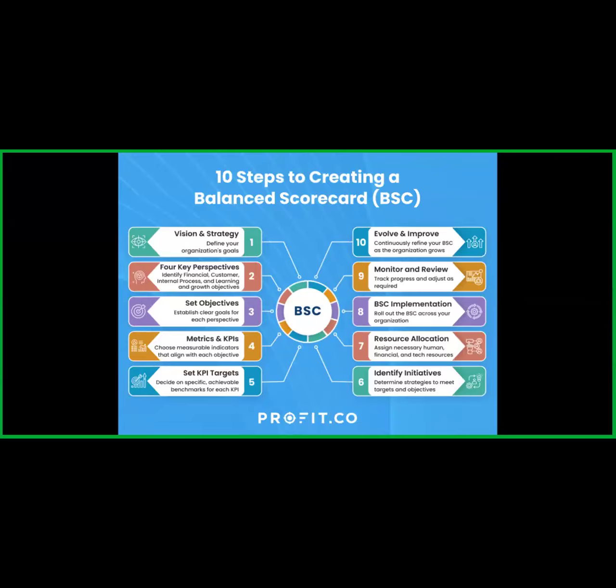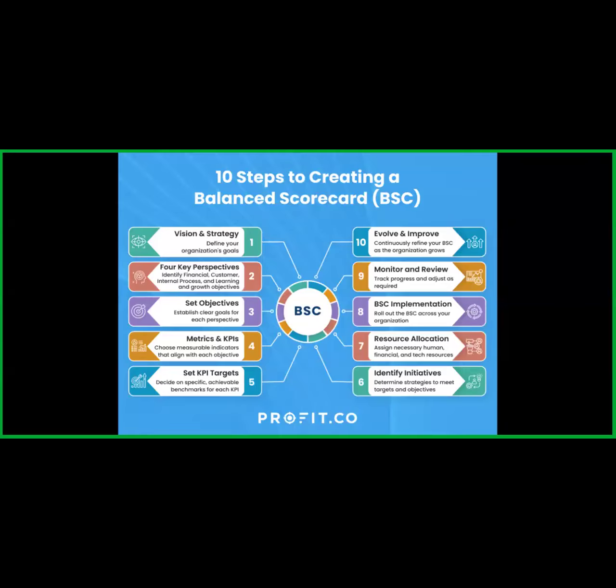Yesterday we had discussed that anything which can be measured. So the basic objective of the balanced scorecard is that everything in the organization, each process of the organization, has to be measured.